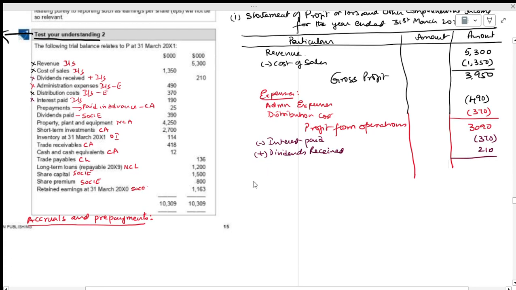Now you understand. 3090 minus 370 plus 210 comes to 2930.